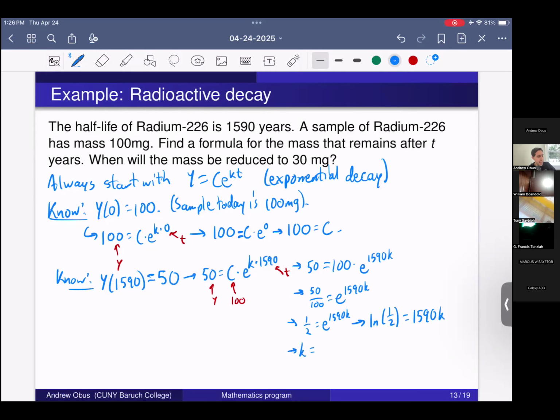That tells us that k is equal to ln of 1/2 divided by 1590. And now I can use a calculator to solve this. So ln of 1/2 divided by 1590, this gives us that k is equal to 0.000436. Write it like that.